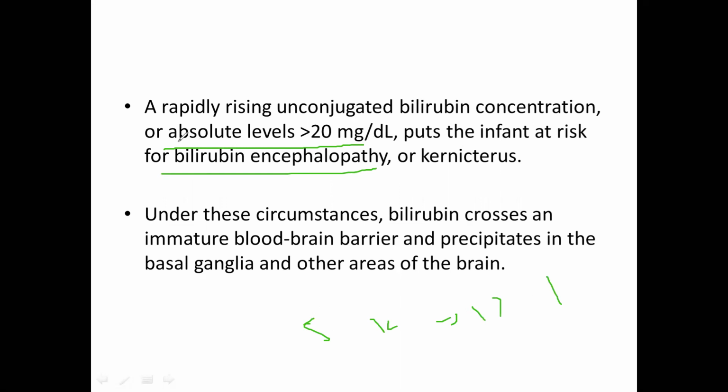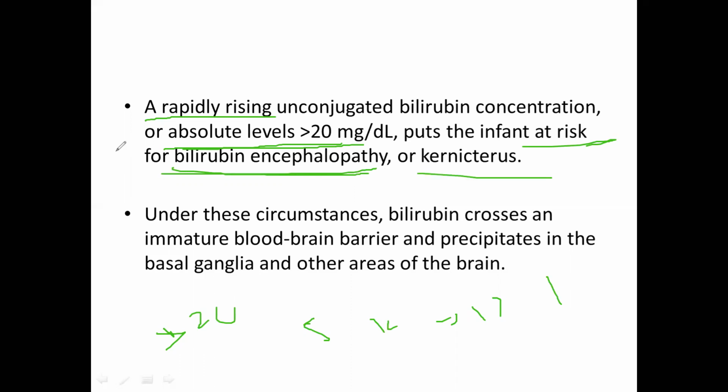So this is a rapidly rising level of unconjugated bilirubin, and it is a risk for bilirubin encephalopathy. Or if the absolute bilirubin level is more than 20 mg per dL, it will put the infant at risk of encephalopathy or Kernicterus.